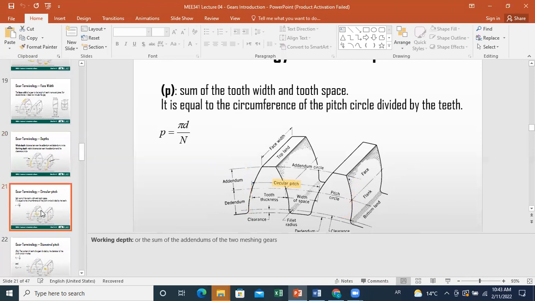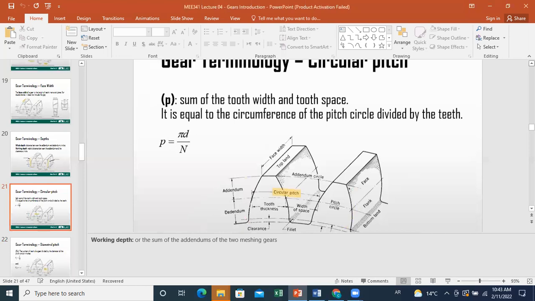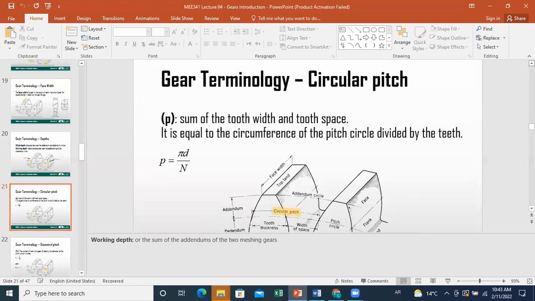Now, we'll start to define some important features that you will use to characterize gears. The first number we'll go over is the circular pitch. The circular pitch represents the sum of the tooth width and the tooth space. What do we mean by this?